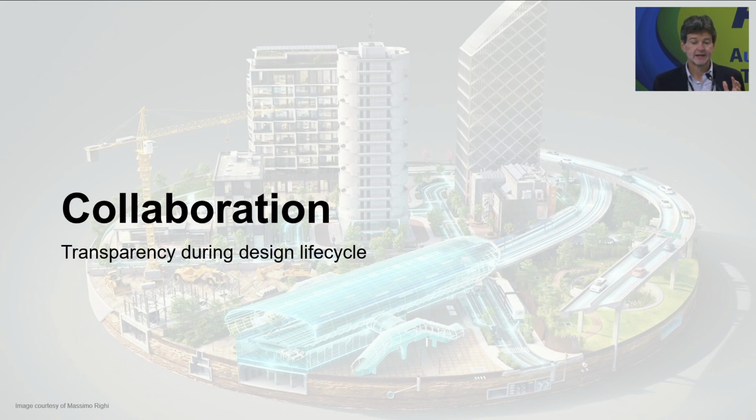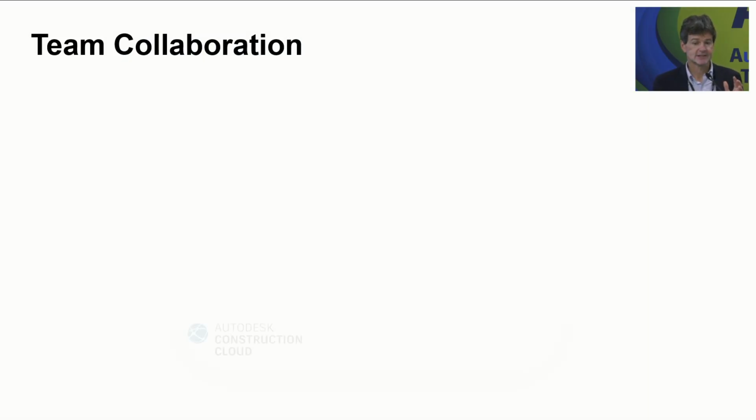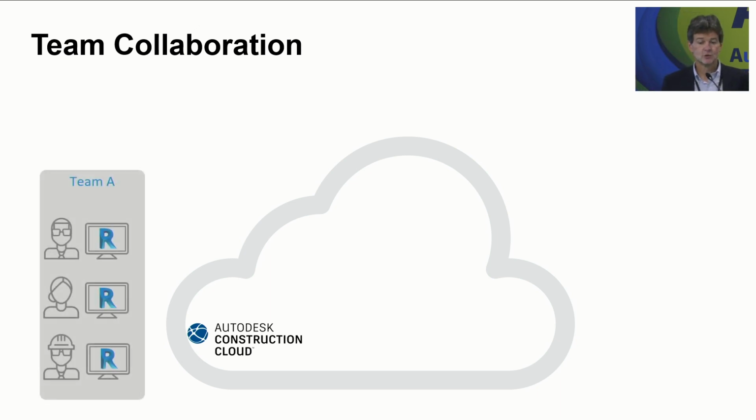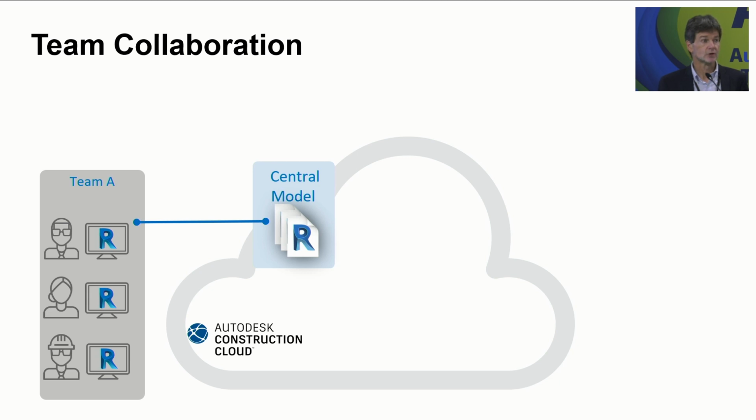What we have is our cloud solution, Autodesk Construction Cloud, so we can connect to our solutions like Revit on one side, where you can have a central file with all the advantages of a central file in cloud, and you can collaborate on this cloud model.